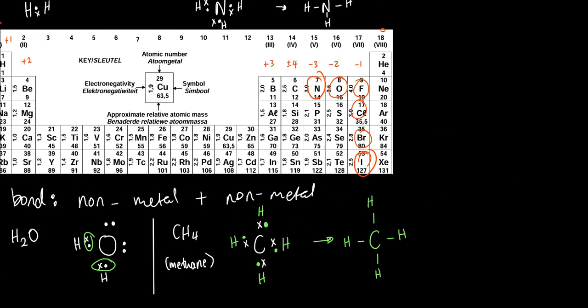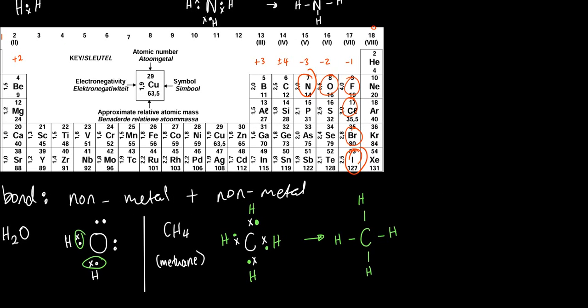Okay, now let's go to the ones that are a bit more challenging. What if we want to represent HOCl? How do you think this is going to look like in terms of the Lewis diagram? Now here is where you need to look at the one with the lowest electronegativity.